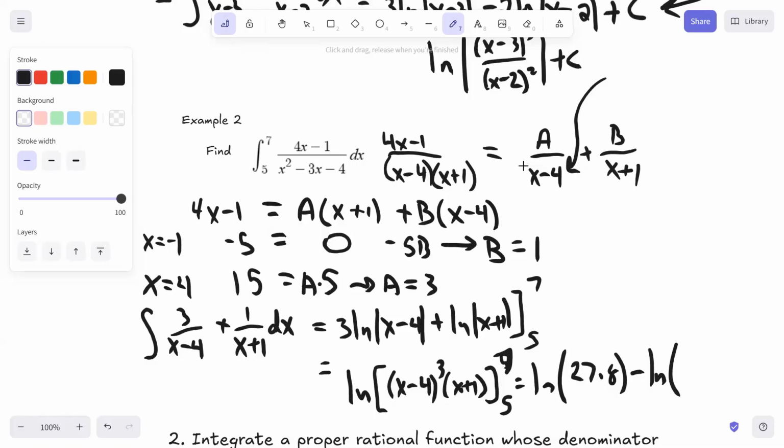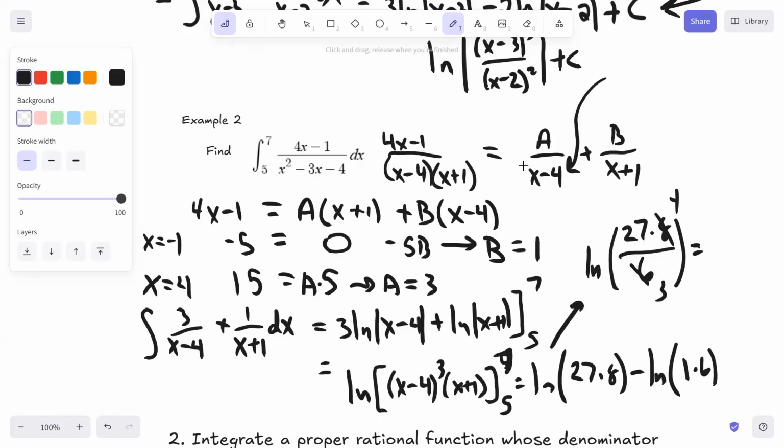If you plug in 5, 5 minus 4 is 1. 1 cubed is 1. And then 5 plus 1 is 6. So you would have natural log of 27 times 8 over 6. The 8 and 6 can cross cancel to a 4 and a 3, and the 27 and 3 can cancel to a 9. So this simplifies to natural log of just 36.